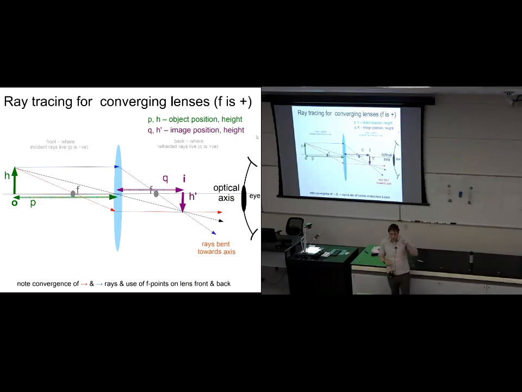That black ray just heads towards the center of the lens, and if you head towards the center of the lens, you pass straight through the lens. It's easiest to imagine approaching the lens at the center along the optical axis. Then you would literally strike it at 0 degrees, and you would come out at 0 degrees.